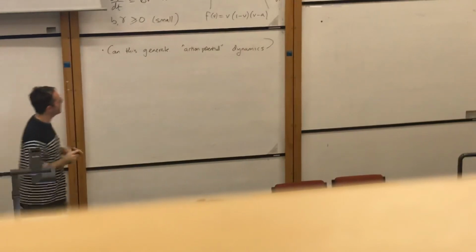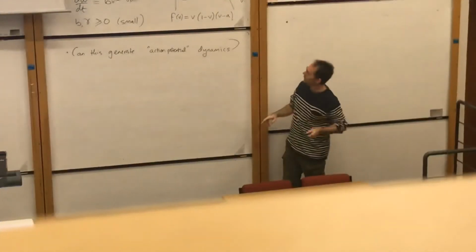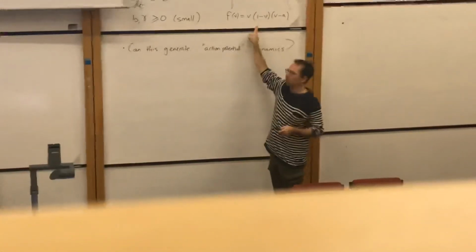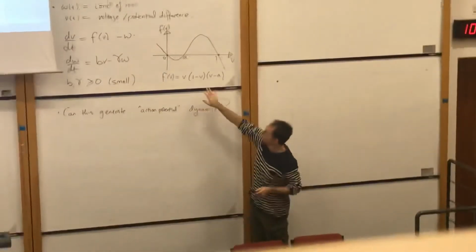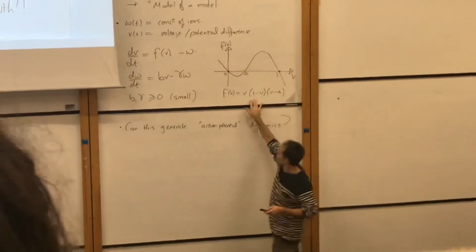Let's firstly assume that f of v has this particular shape here, this particular form.